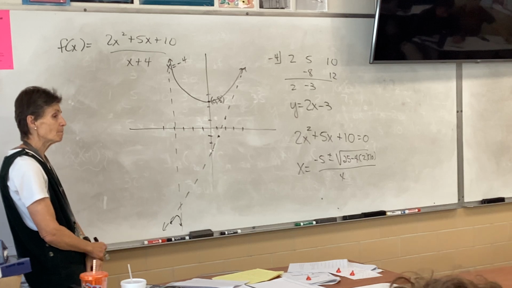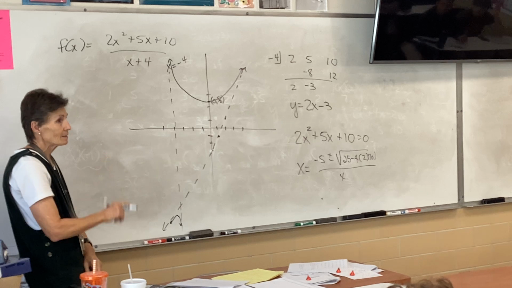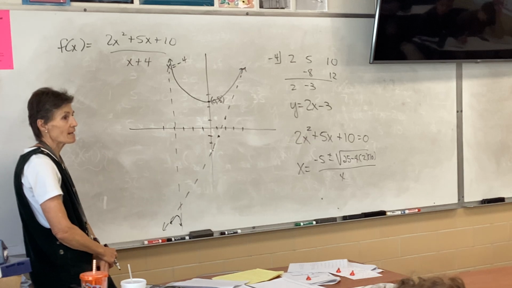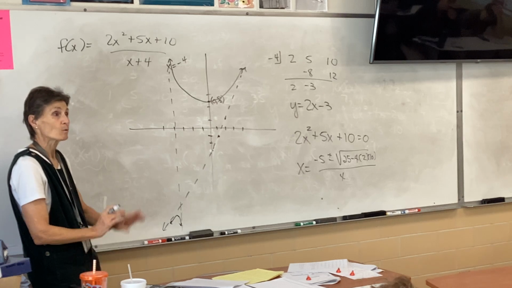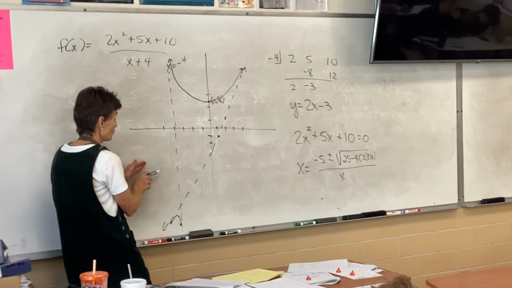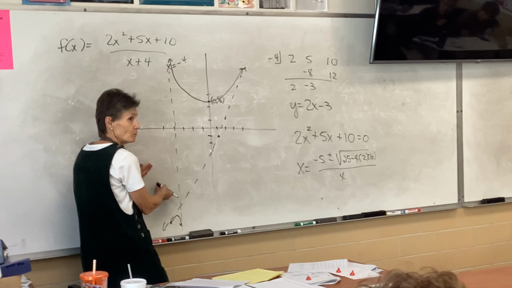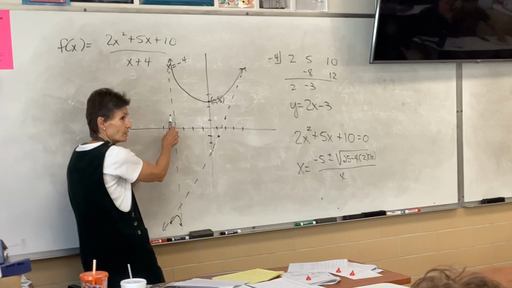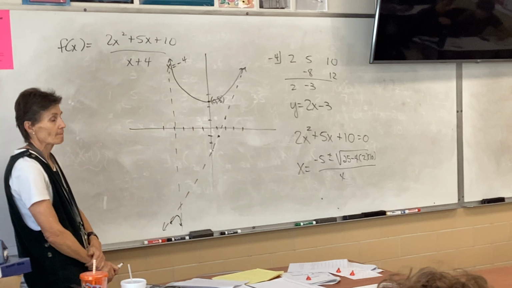You could, but I didn't because, remember, it doesn't touch the x-axis and it has to approach its vertical asymptote. As you approach your vertical asymptote, you're going to either shoot up or shoot down. You can't shoot up, so it's going to have to be shooting down.